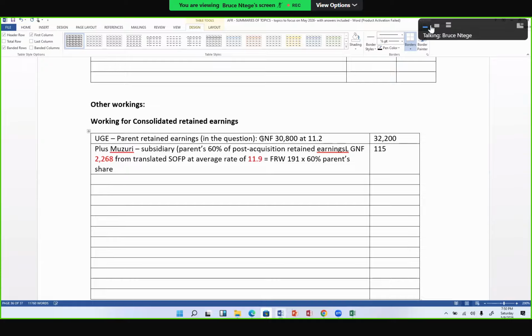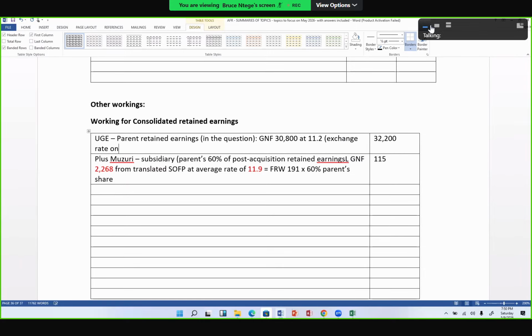It was the acquisition date exchange rate, which was 1st January 2021. So on my calculator, 3,800 divided by 11.2.